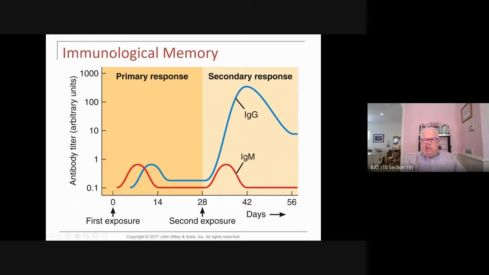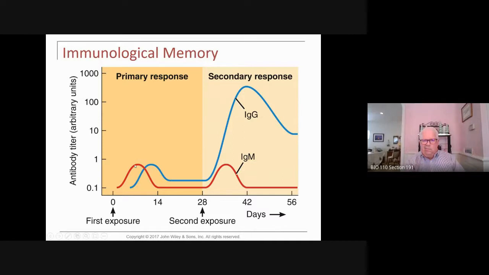Here's what I kind of said. You have to be exposed to something to generate a secondary response. When you are exposed to COVID, you get a COVID-19 vaccination right here.